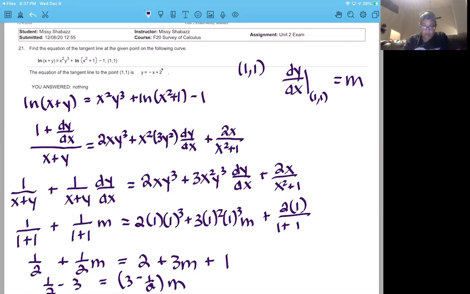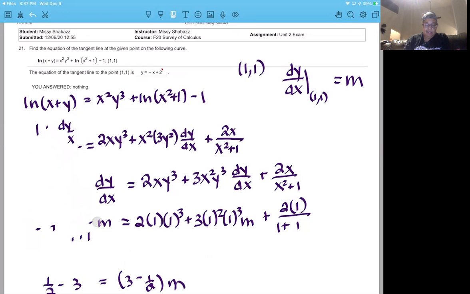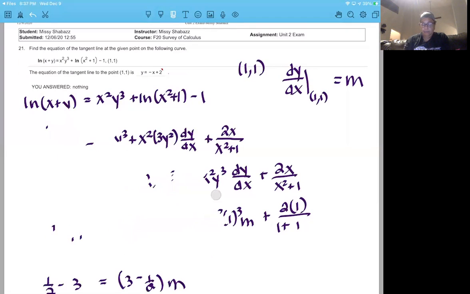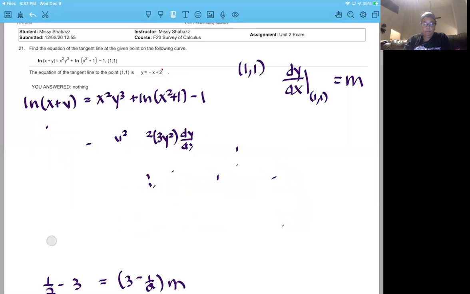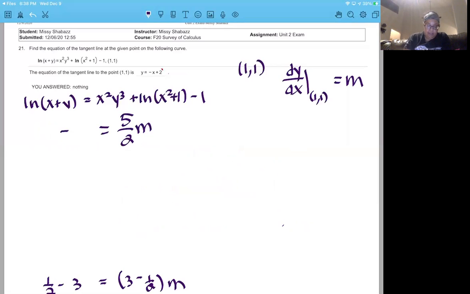Right, and then we just need to solve for m, and that's going to give me the slope of the tangent line. All right, so 1/2 minus 3 is 1 minus 6 over 2, which is negative 5/2. So 5/2 m equals negative 5/2, right? Yes. So my slope equals negative 1.